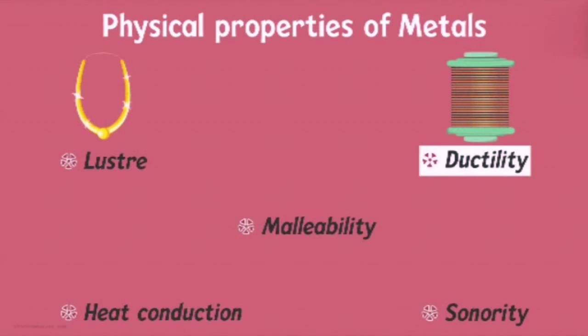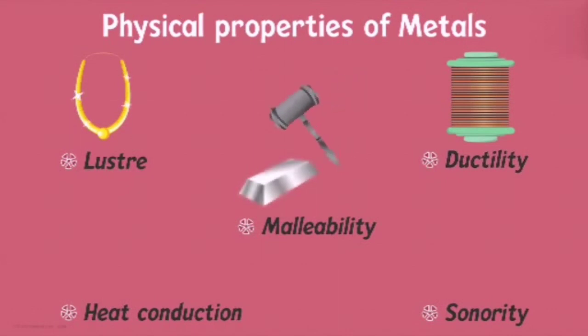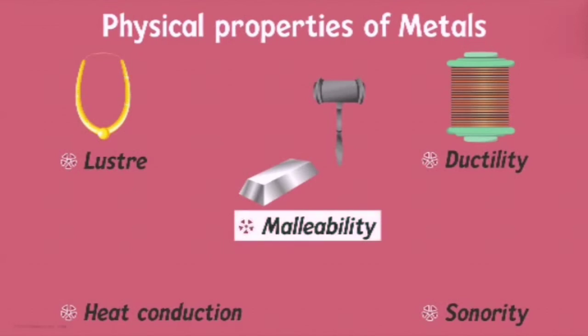And what happens when we beat a metal using heavy hammer? We don't have to worry. They are hard enough to not break. Also, the fact that they are malleable can help them to form a thin sheet when they are hammered.